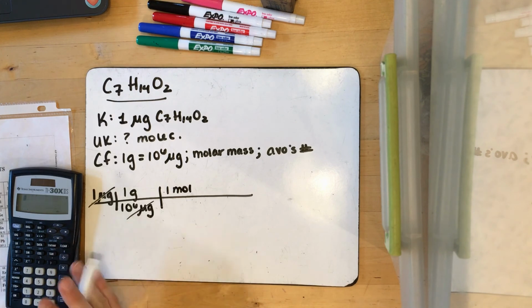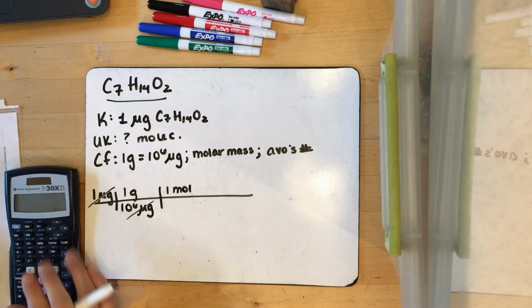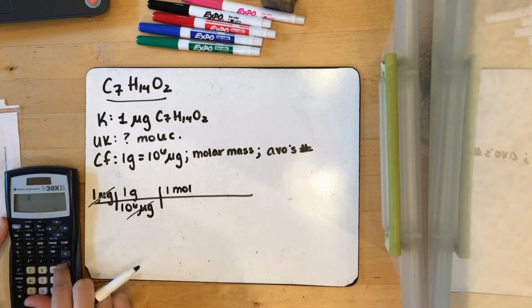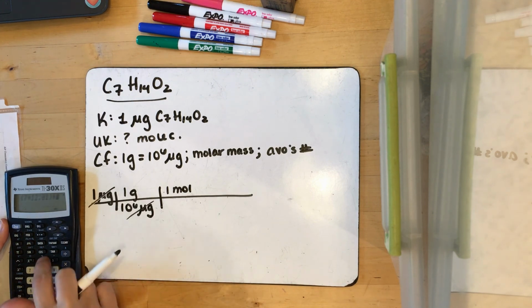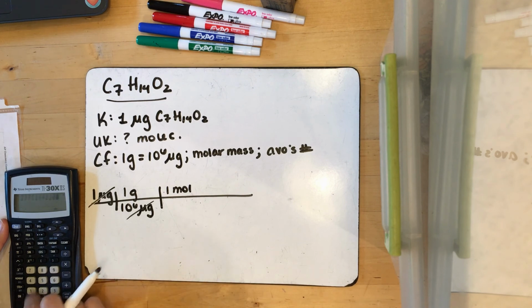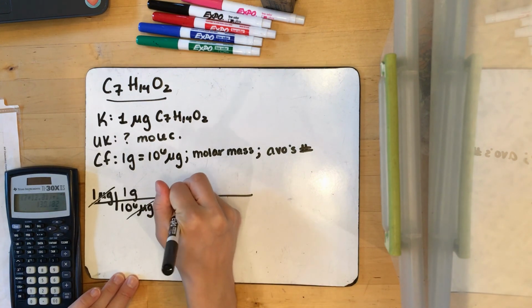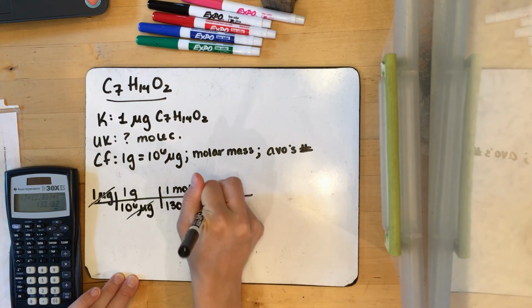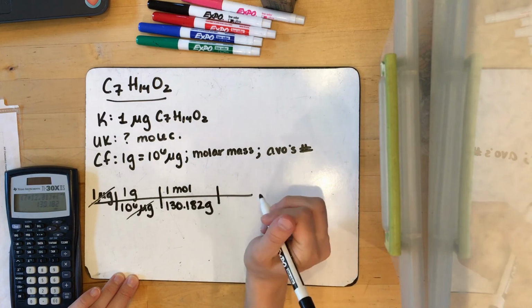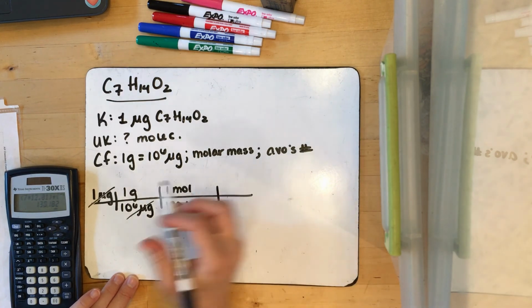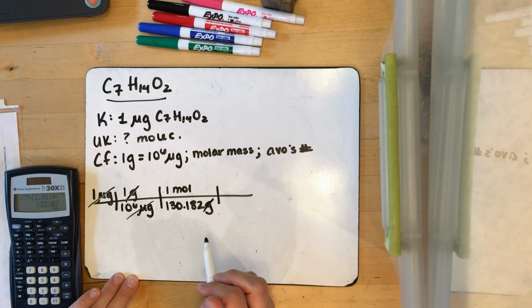And then we can use our periodic table to find the molar mass of our chemical formula here. So we have 7 carbons, 14 hydrogens, and 2 oxygens, giving us 130.182 grams per mole. That lets us cancel out grams.